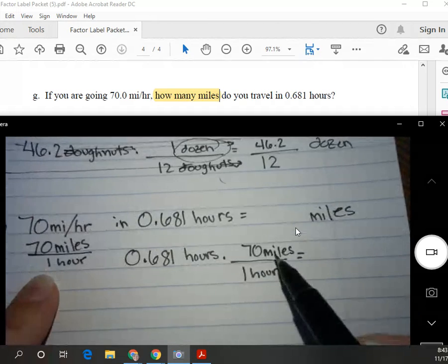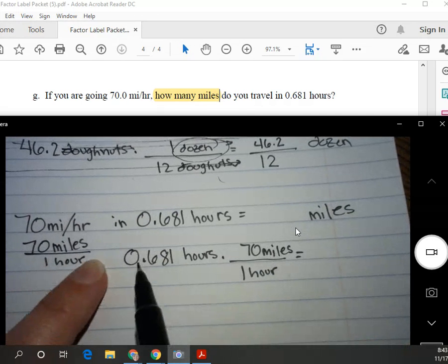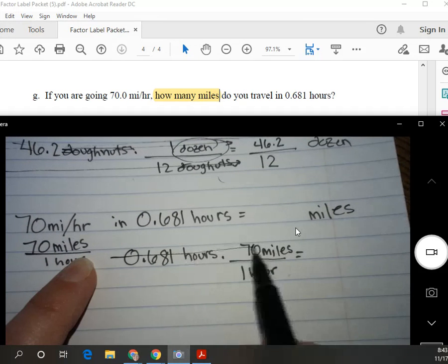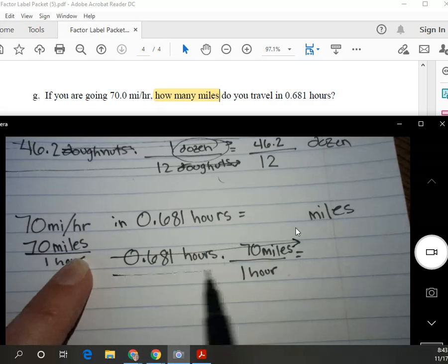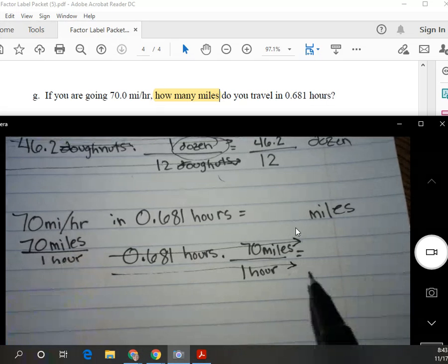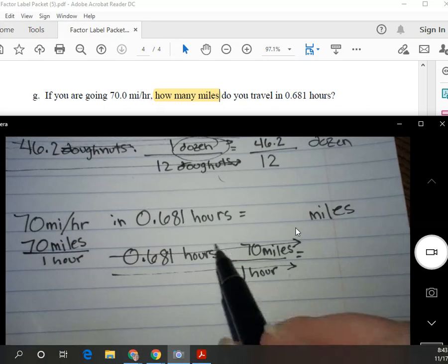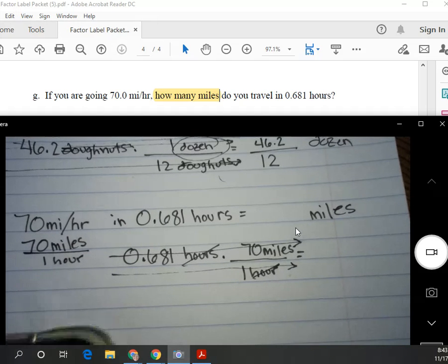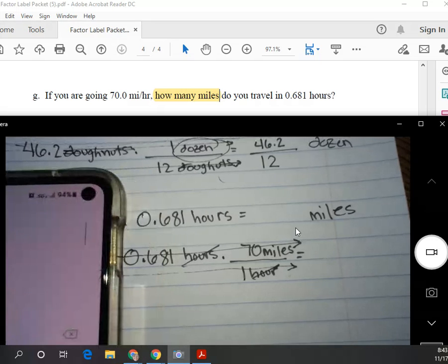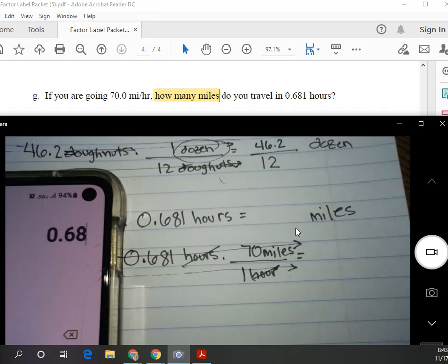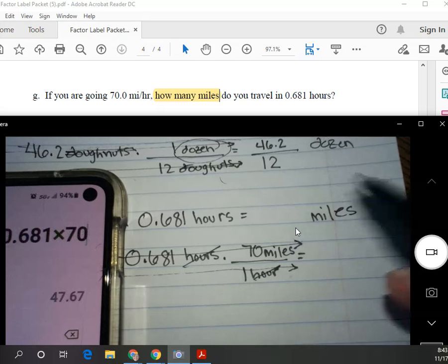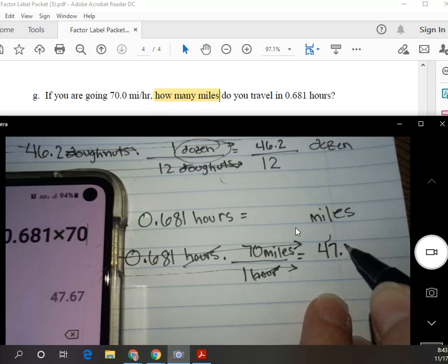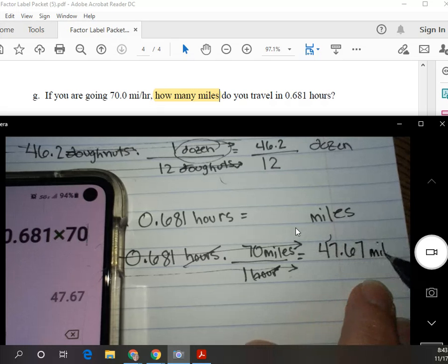So what math operation do I need to do right now? I'm going to multiply straight across the top and multiply straight across the bottom. When I do that, my hours cancel. So I'm going to pull in my calculator here. We're going to go 0.681 times 70 is 47.67 miles.